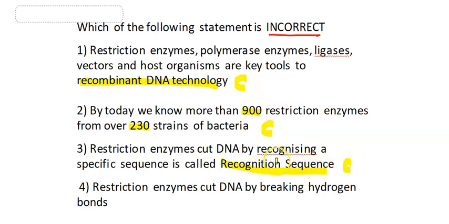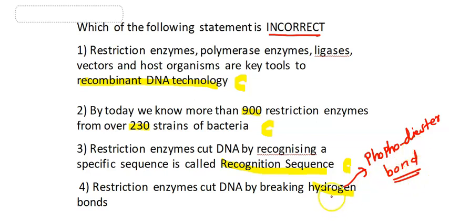Option 4: restriction enzymes cut DNA by breaking hydrogen bonds. That is not the right statement. Restriction enzymes cut phosphodiester bonds, not hydrogen bonds. So the incorrect statement is option 4, and our answer will be option 4.